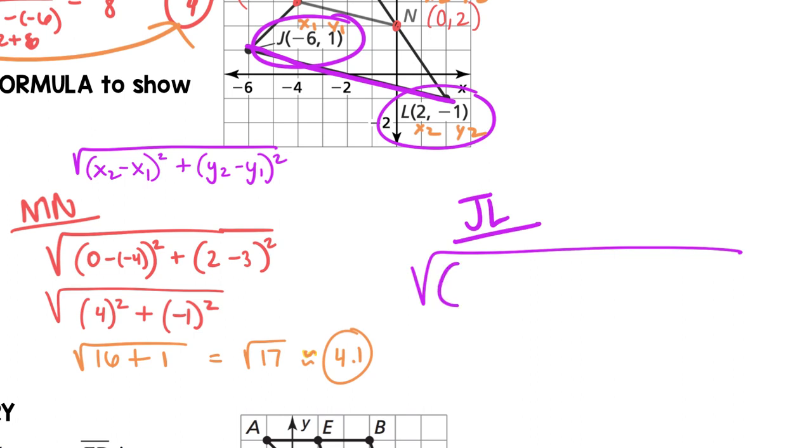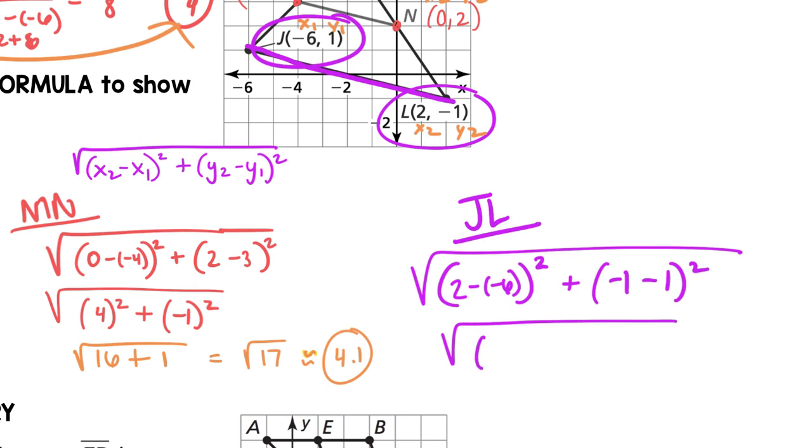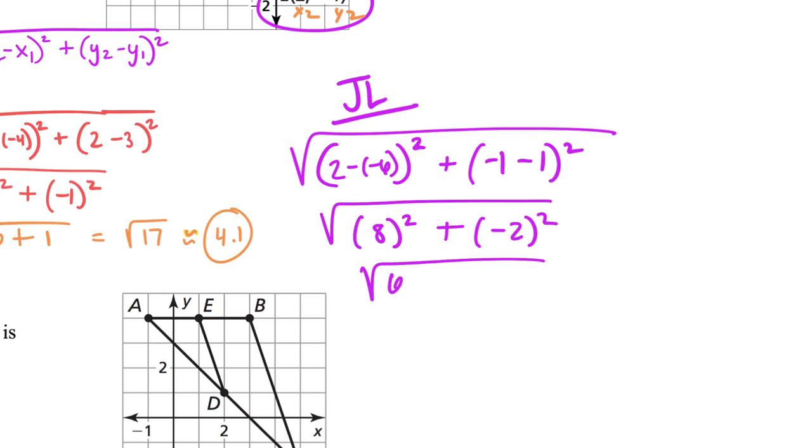So the distance formula for JL looks like 2 minus -6, squared, plus -1 minus 1, squared. Let's simplify a little bit. This becomes 8 squared plus -2 squared, which gives us 64 plus 4, the square root of 68.